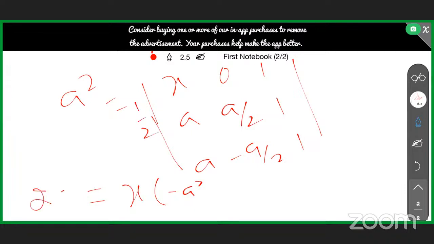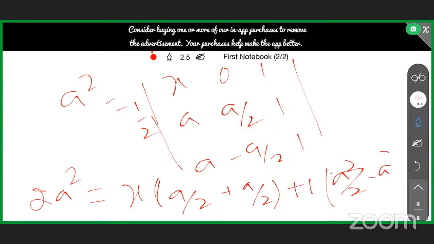So that will become a square by 2 equals x minus a square by 2, plus 1 into x times a by 2 plus a by 2, plus 1 into minus a square by 2 minus a square by 2.